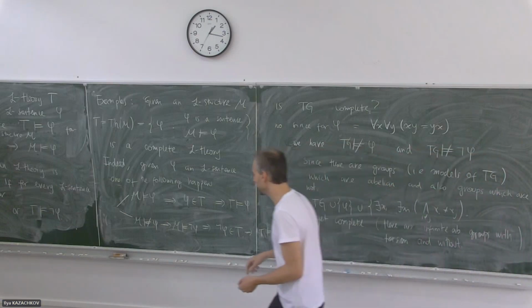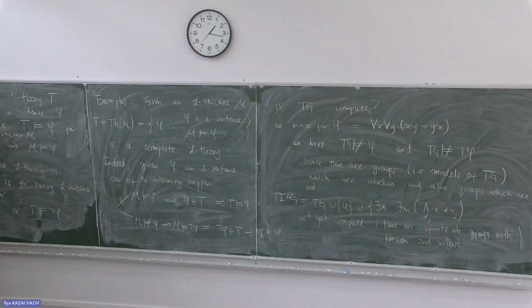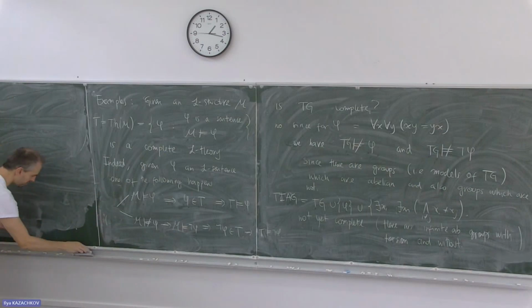Let's see that we can say, at least, having torsion of a given number. I can say that I have elements of a given order. This I can say, right?